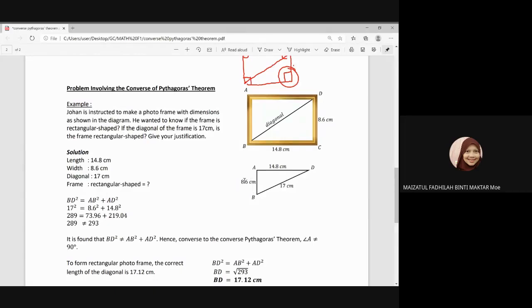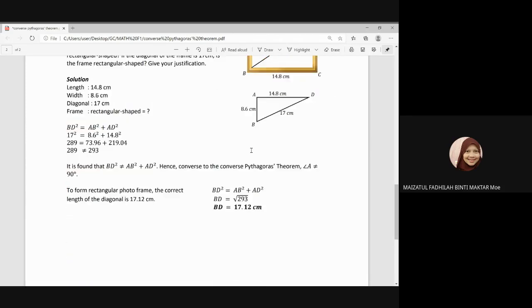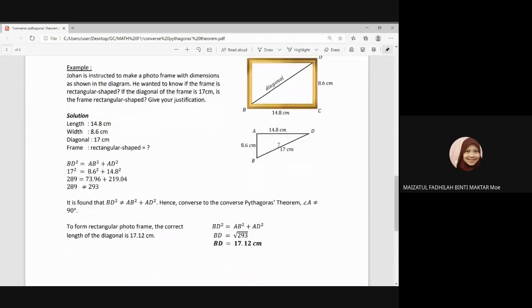If you do not want to use AB, AD, you can also use BC and CD, depending on which side you want to use, but do not forget to label. You must label the formula. Okay, BD square: 17 square equals 8.6 square plus 14.8 square.